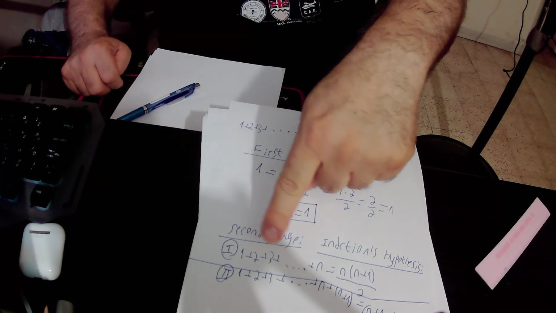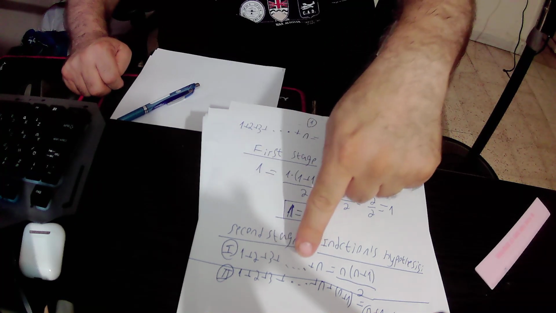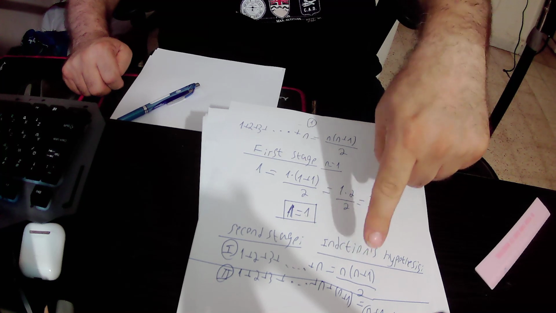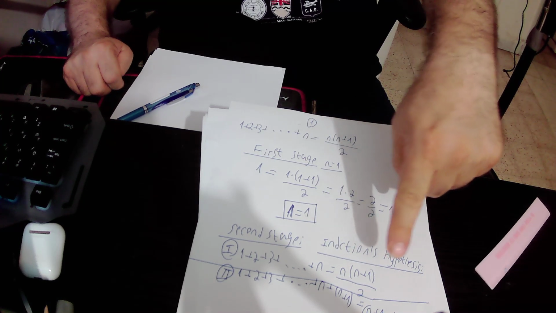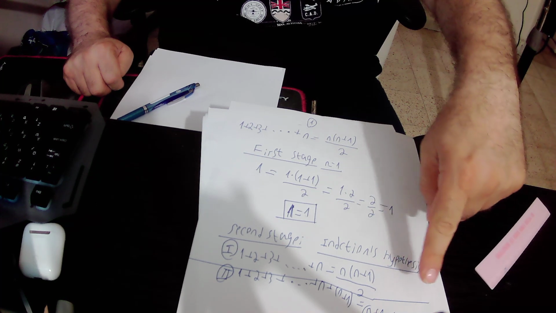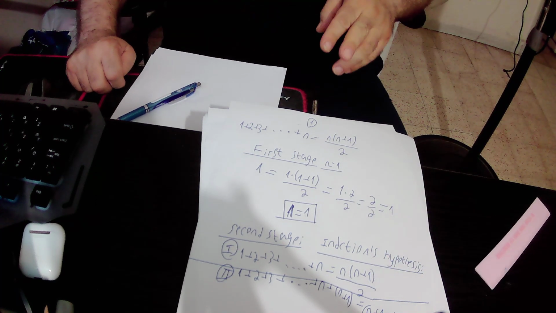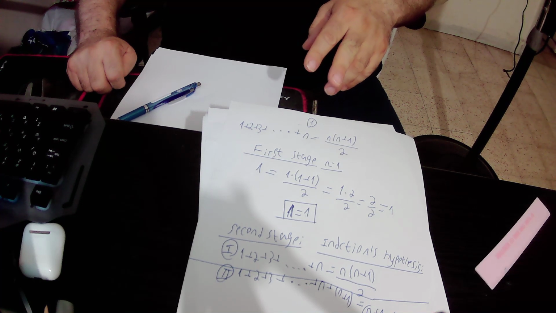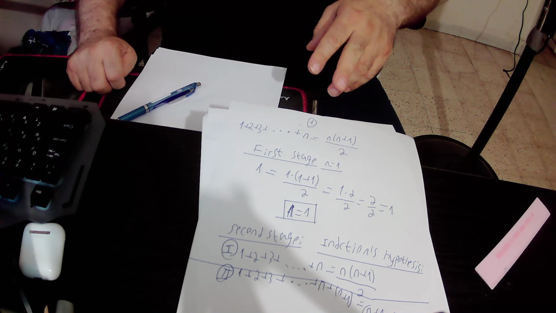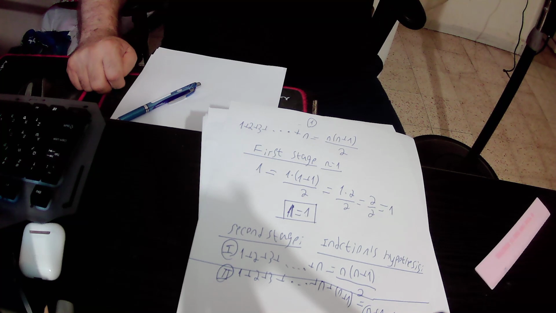That is to say 1 plus 2 plus 3 plus ... plus n plus n plus 1 equals n plus 1 times n plus 1 plus 1 divided by 2. So wherever it is written n in the original statement, we will write n plus 1, because we want to prove that the statement is true for n plus 1.